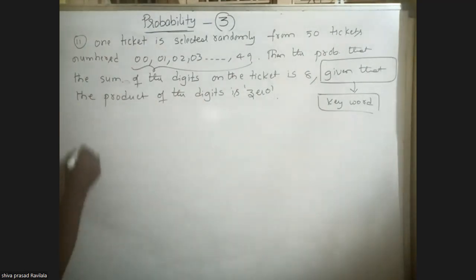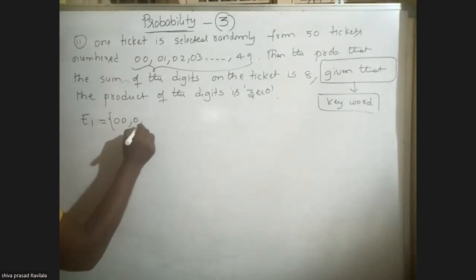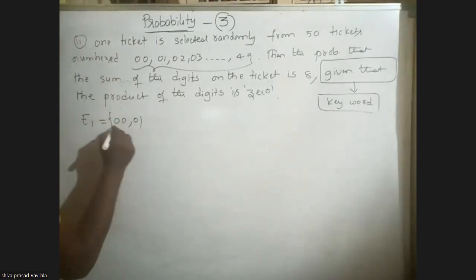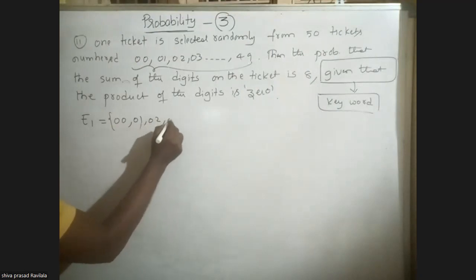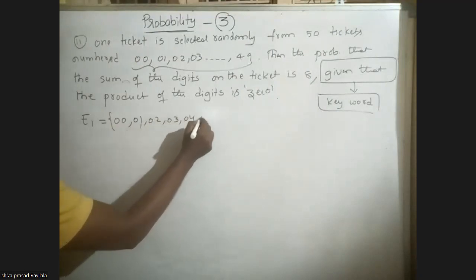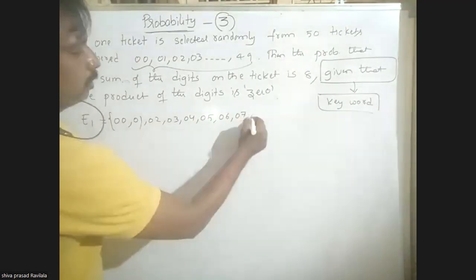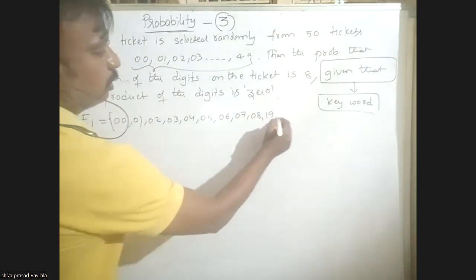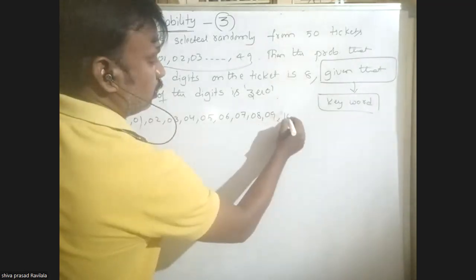Let E1 be the product 0. Product 0 means which numbers do you take? 00 is the first number. Next, 01, 02, 03, 04, 05, 06, 07, 08, 09. Next one, 10.